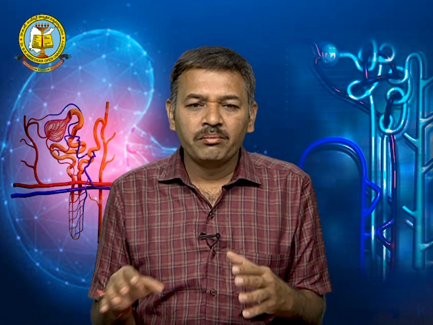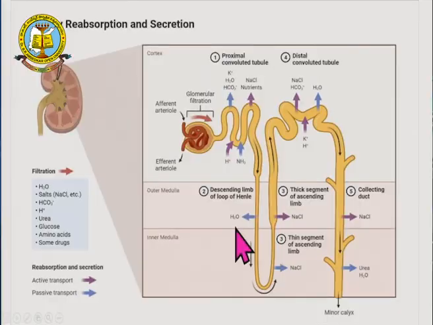Mainly there are two types of osmotic pressure, in the cortex region and the medulla region. The cortex region osmotic pressure is measured in milliosmoles per liter, and we are going to calculate it.